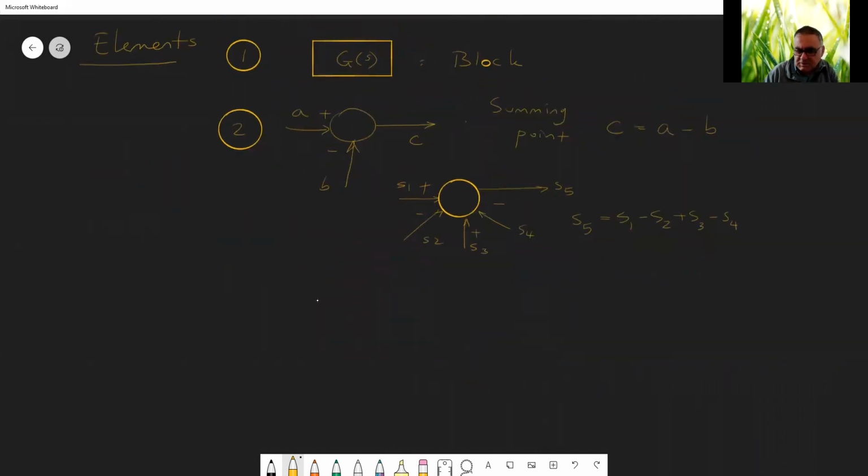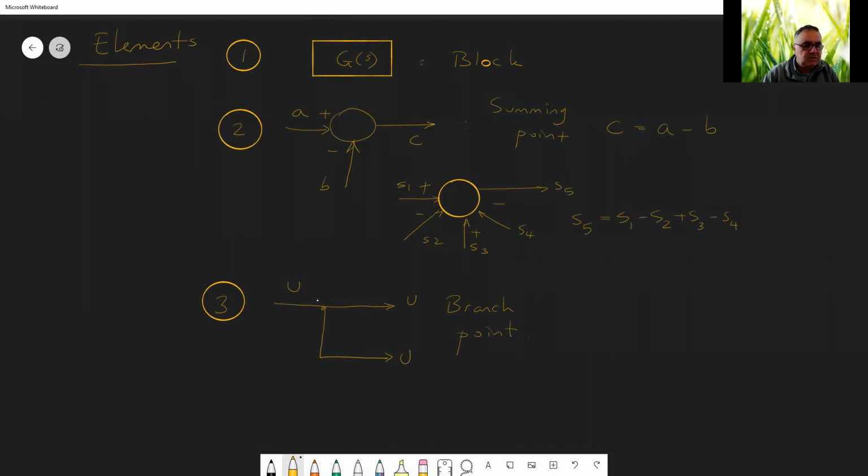The third is quite simple, as I have said. The branch point: if you have a signal, if you take a branch from that signal, if U is a signal like this, the branch point also gives you a U. No conservation here. Branch point.